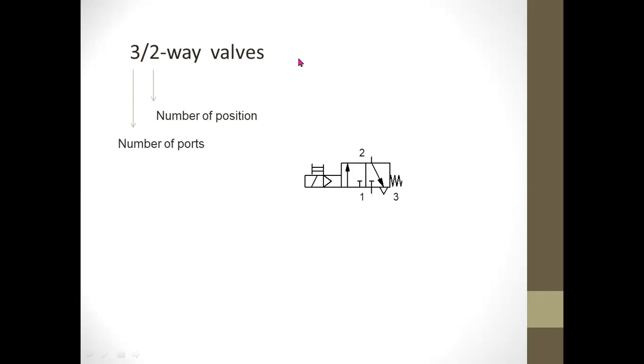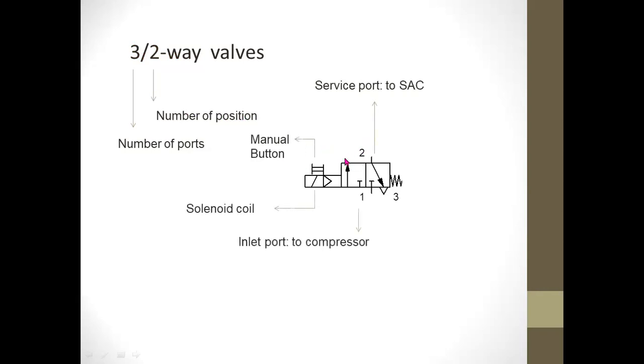If we try to recall, for the single acting cylinder, we have the three two-way valve. Three stands for the number of ports, and two stands for the number of positions. These are the parts of the three two-way solenoid valve.